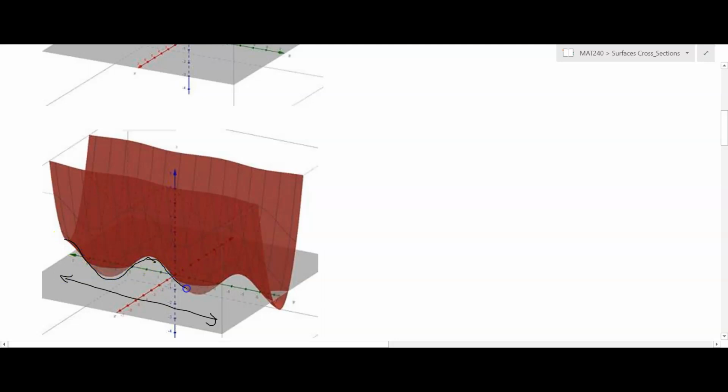And when I look at it in the other direction, if I were able to rotate this graph so that this edge is facing us, then I would see a parabola.